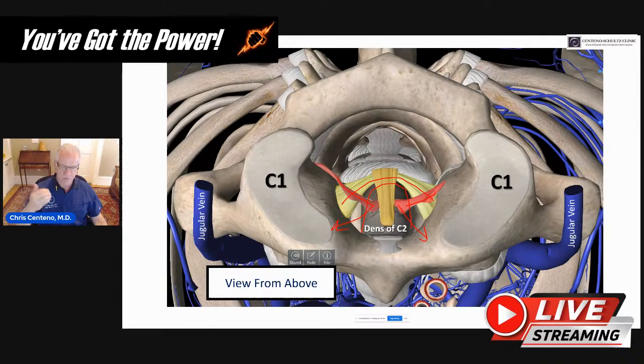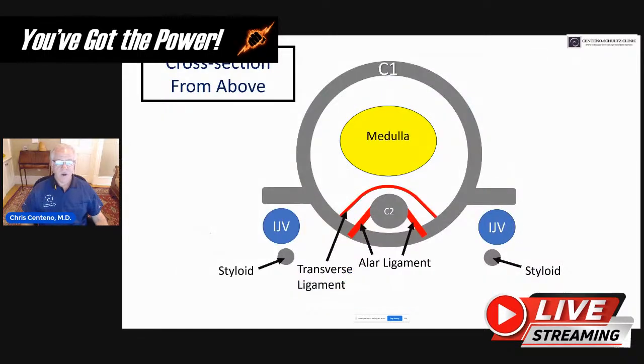Now I'm going to move to another slide. If we have the internal jugular vein here, and we have this transverse process, if this comes forward, it can mess with that vein. So I took what was there and abstracted it so it's a little easier on the eyes. You can see here that we have this transverse process of C1 on either side.